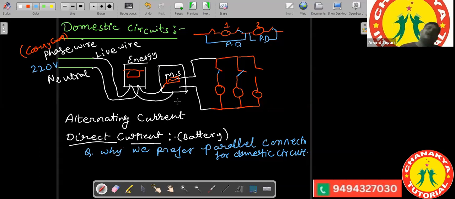Then here we have seen another thing, a fuse wire. We will discuss the fuse wire in the next class: what is a fuse wire and why do we use it. Apart from this, we also use an earth wire, so that our device is also connected with an earth wire.